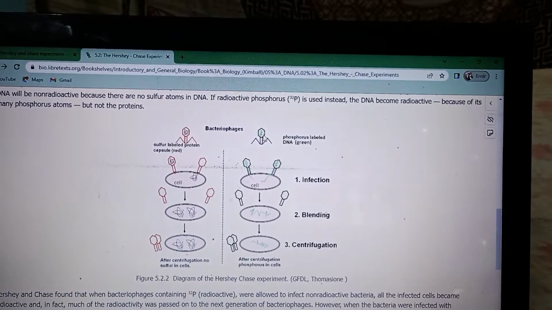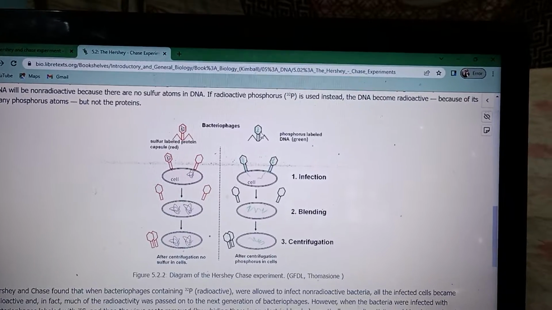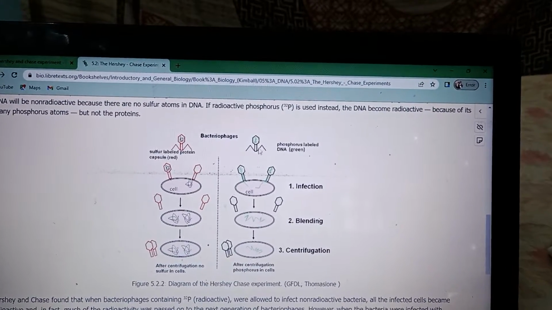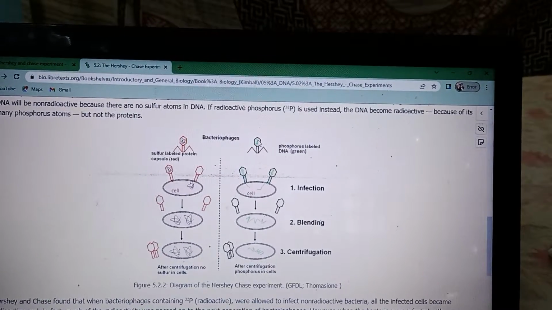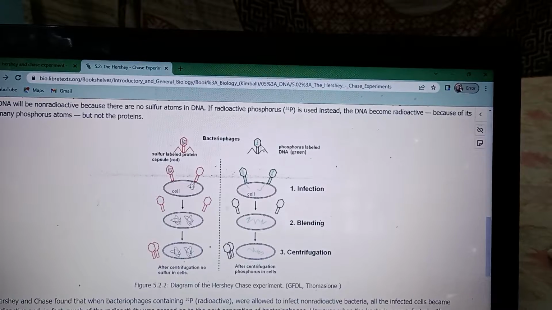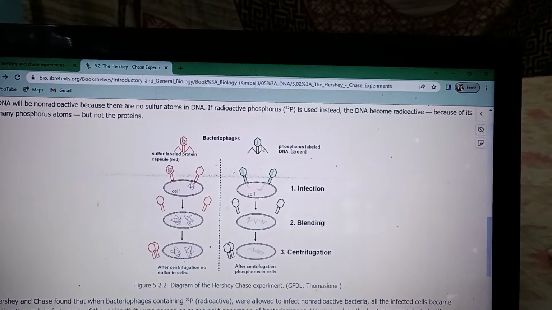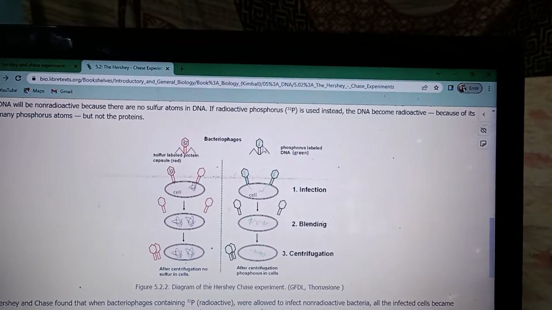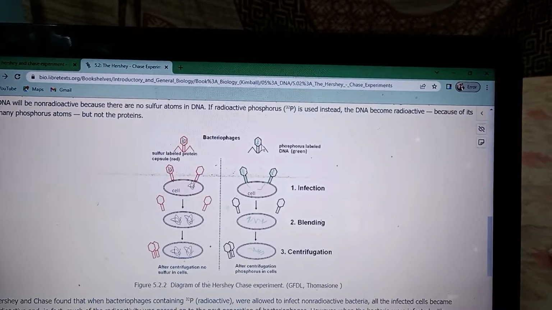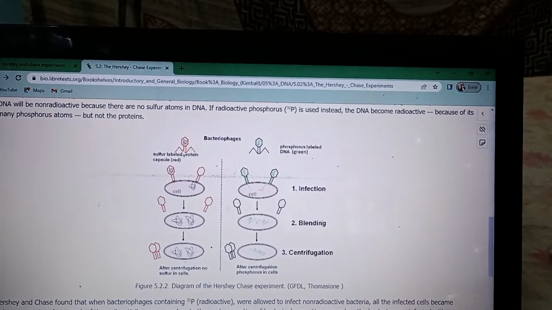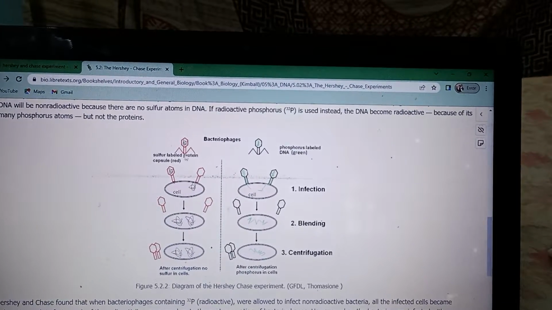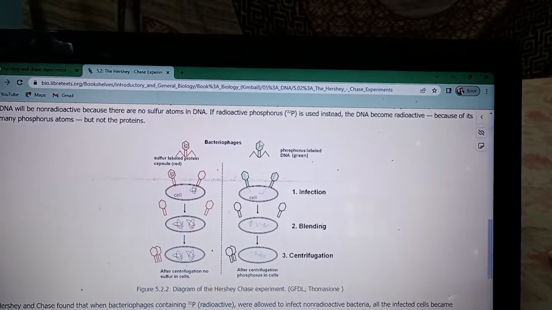Instead, it has phosphates in its structure. So it looks radio labeled when it is labeled with P32, that is phosphorus. Why? Because DNA has the phosphate bonds, but proteins don't. So that is why they used sulfur here, and phosphorus here.